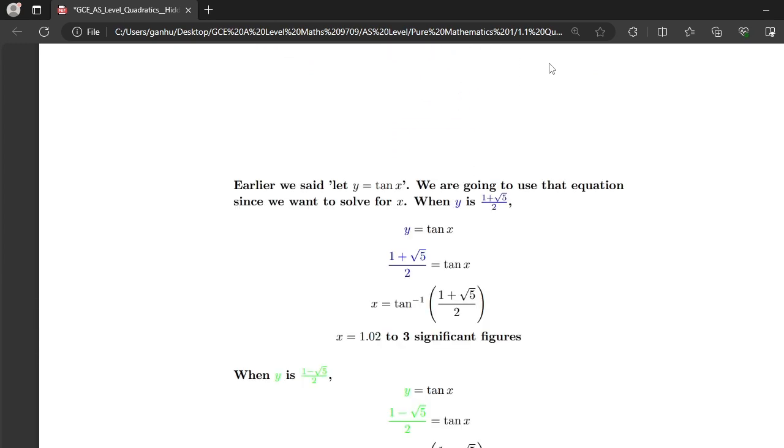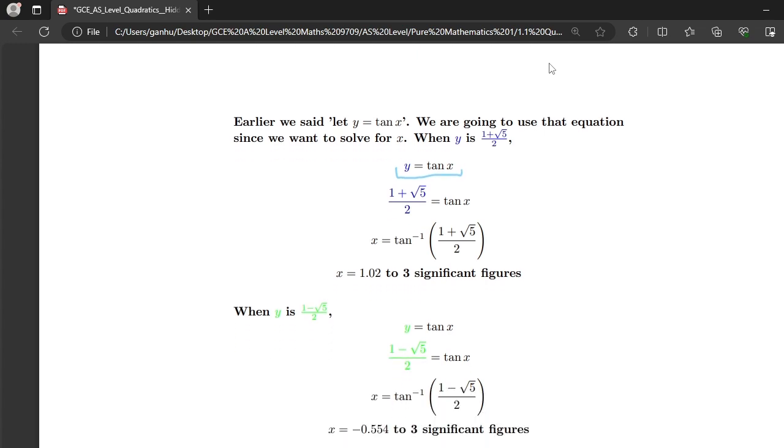Then from here we go back to the statement we created earlier: let y equal tan x. And since we have the y values, we substitute the y values with the answers that we got. So we start when y equals 1 plus root 5 over 2. So equate that to tan x.